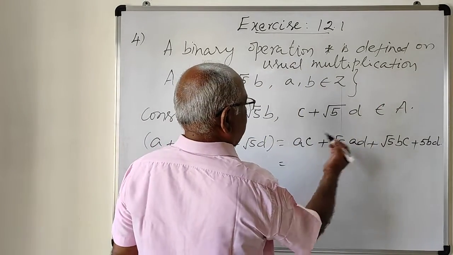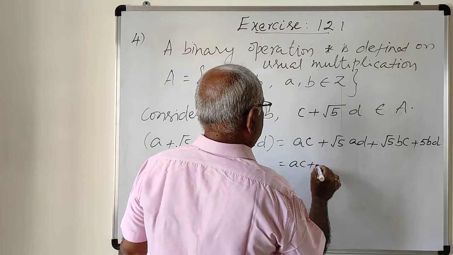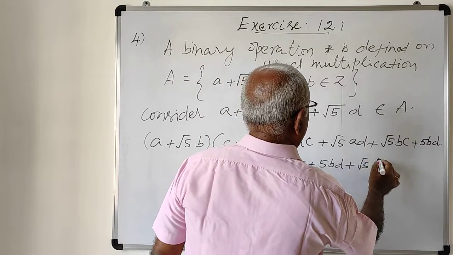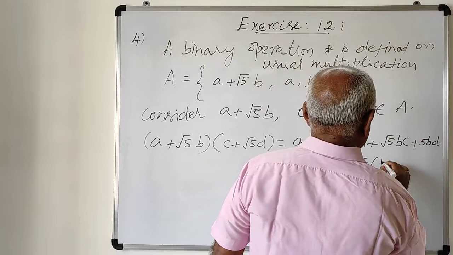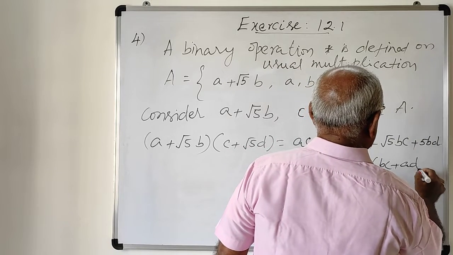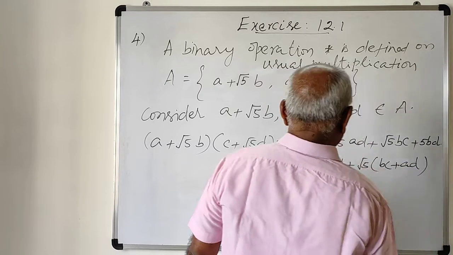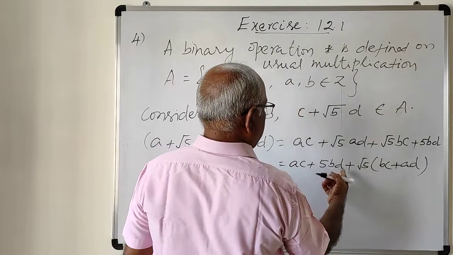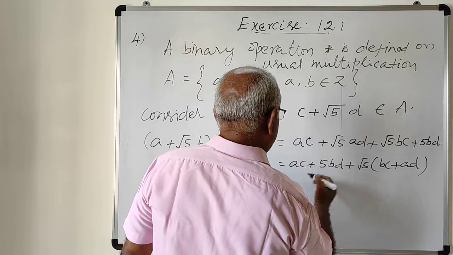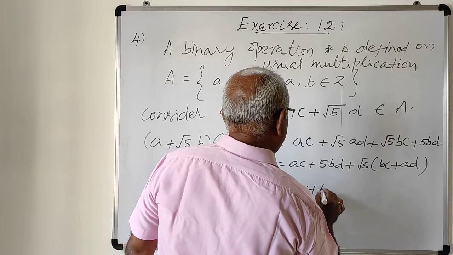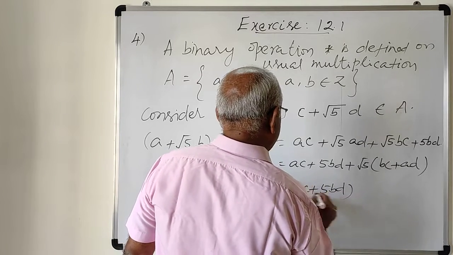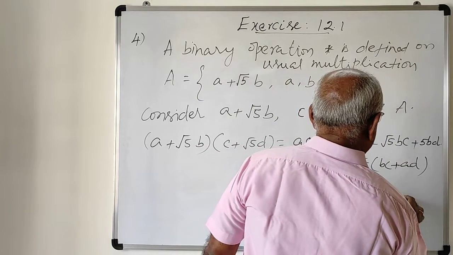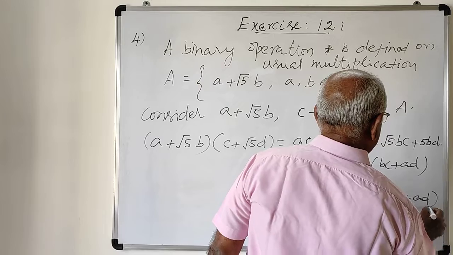Here you consider the first and last terms, ac plus 5bd. If you take root 5 common, you will get bc plus ad. So it is of the form a plus root 5 b: ac plus 5bd plus root 5 into bc plus ad.